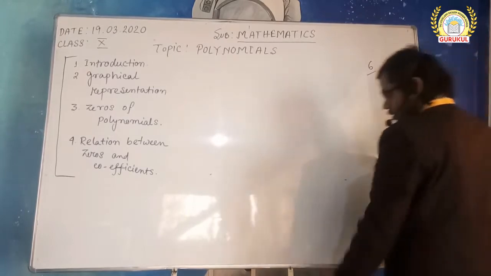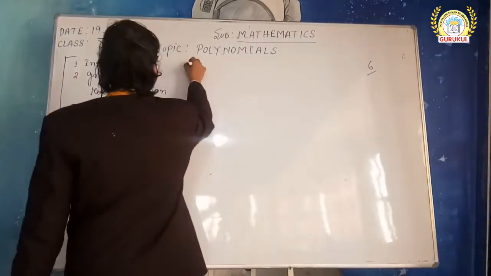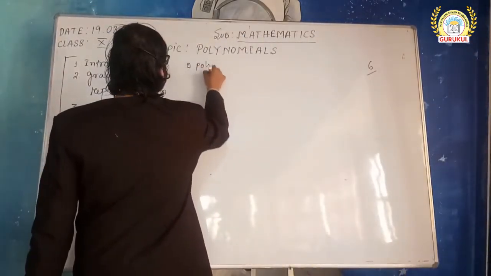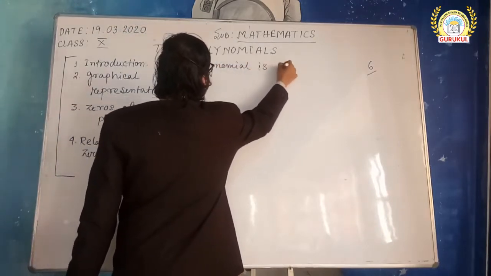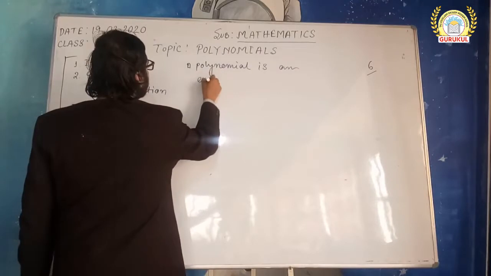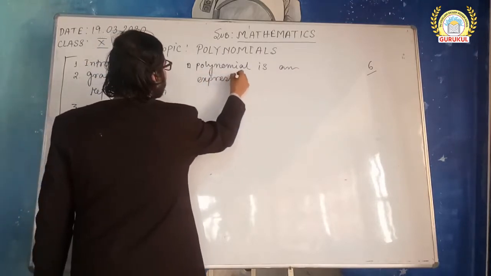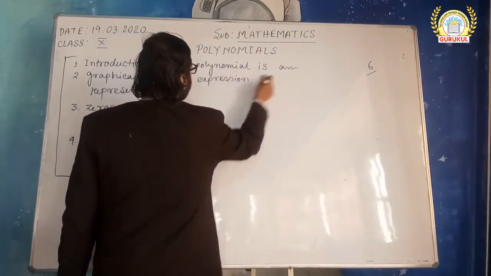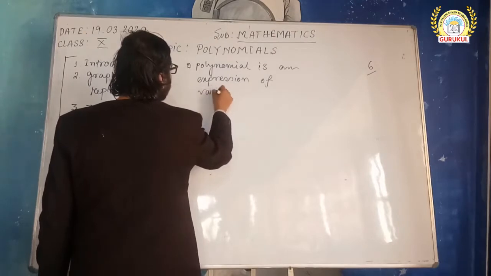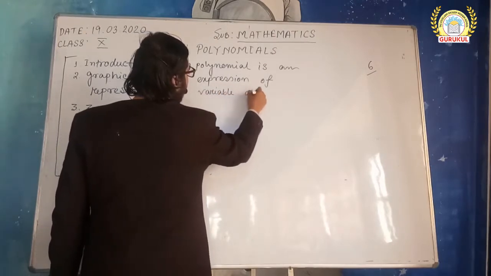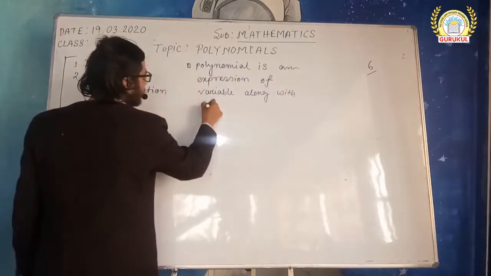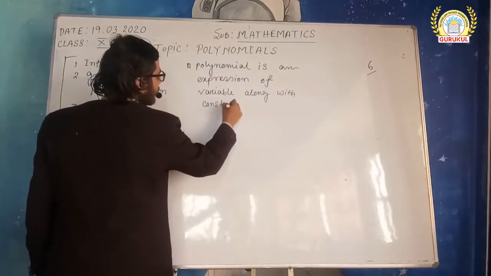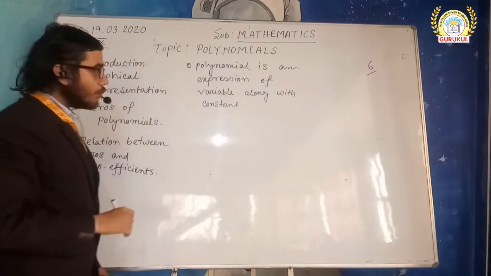So first point: polynomial is an expression of variable along with constant. This is the first point we need to know.